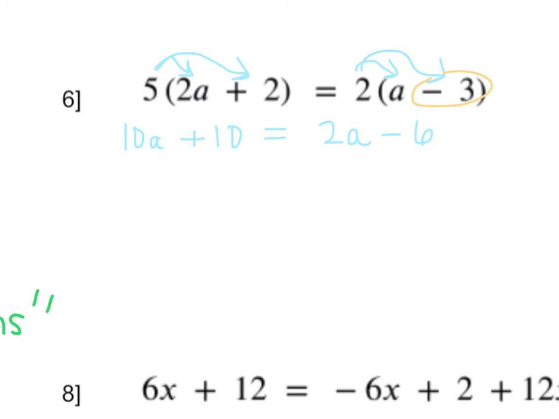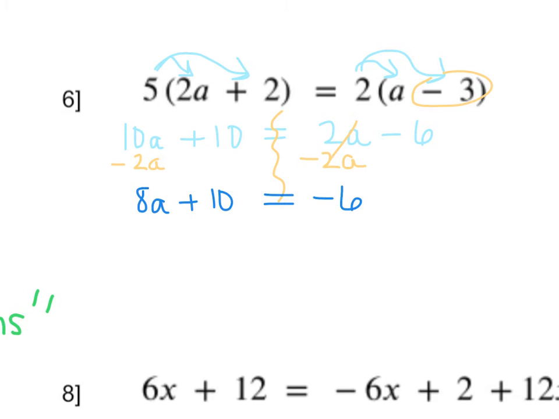Okay, now let's get our variables together on one side of the equation. Here's our equal sign. So we need to use inverse operations to get our variables together. Okay, so I'm going to move my 2a's over here because they're smaller. Okay, 10a minus 2a becomes 8a plus 10 equals -6.